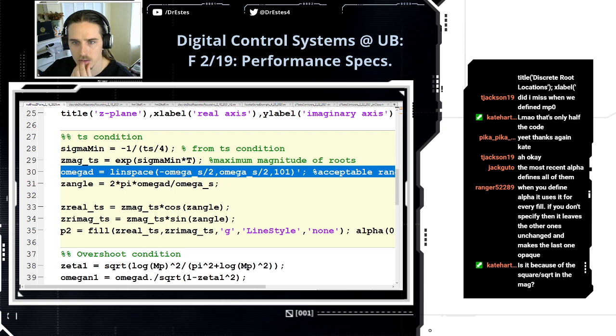Okay, gotcha. Is it because of the square root in the magnitude?